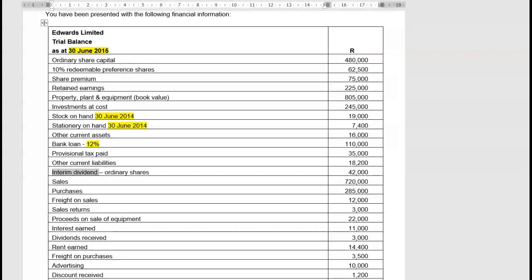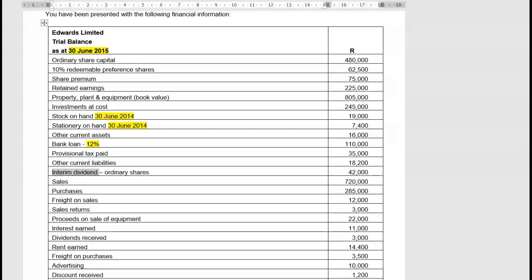An interim dividend is a dividend that the company pays somewhere during the current financial year. Now, you have to distinguish between an interim dividend and a final dividend. The interim dividend is paid during the course of the year. A final dividend is the final dividend payable at the end of the financial year.